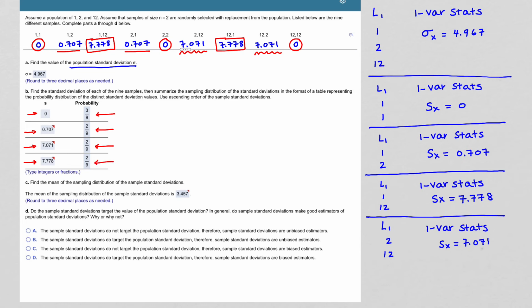So we've created our probability distribution, or our sampling distribution, for the sample standard deviations. And now we want to find the mean of that sampling distribution.